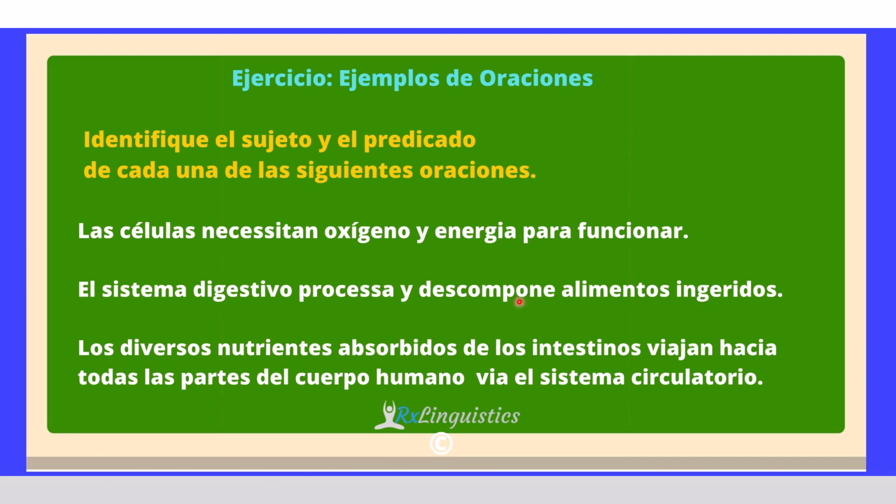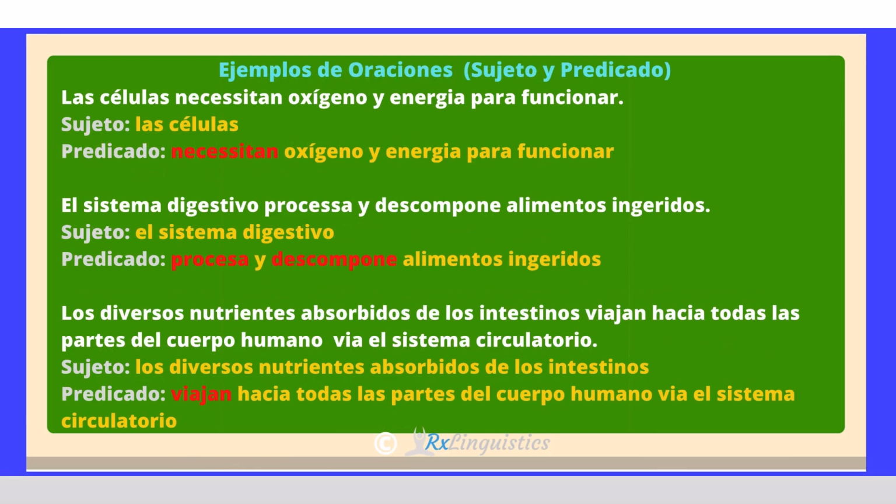Same sentences that I read to you before. Now, you're going to be introduced to the structure of Spanish sentences. You see here, in this sentence, the subject is las células. The predicate, predicado, is the verb plus the object.